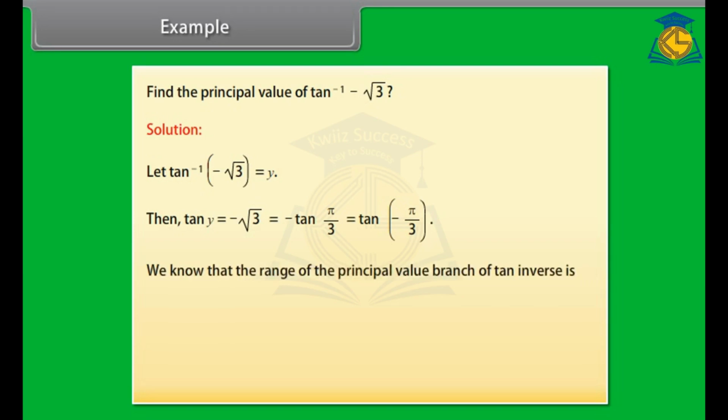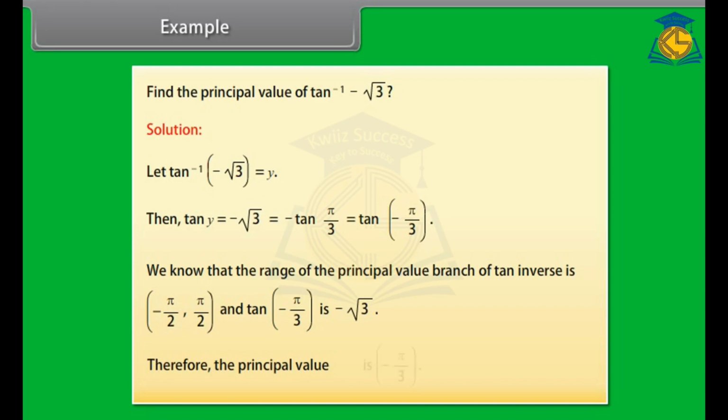We know that the range of the principal value branch of tan inverse is (-π/2, π/2), and tan(-π/3) is -√3. Therefore, the principal value is -π/3.